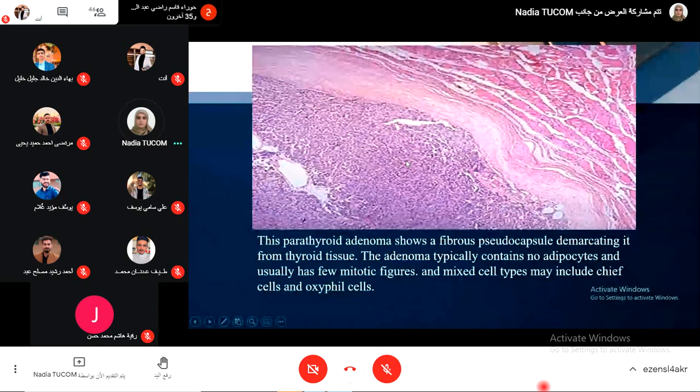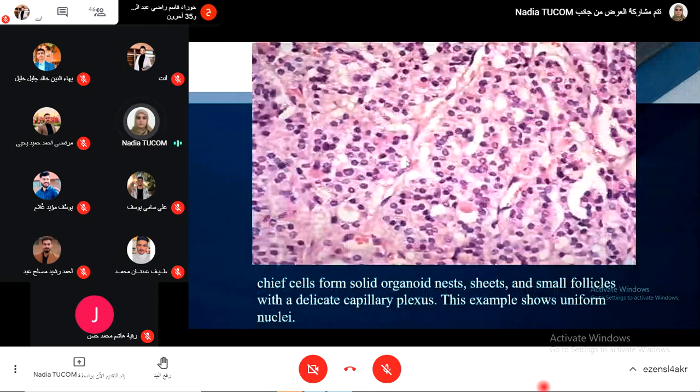Again, these are the chief cells, which we call water clear cells or water clear tumor, in solid sheets or nests of small follicles with delicate capillary vascularity, and the other feature is a little or scant reticular network, a feature of endocrine tumor.